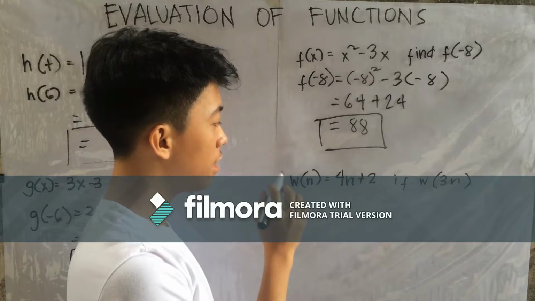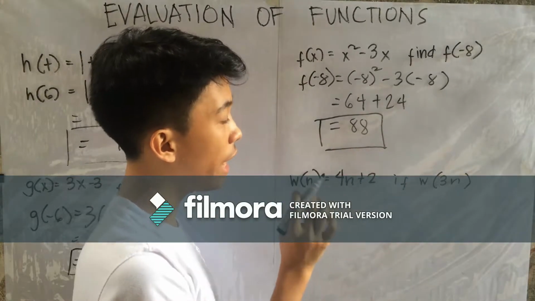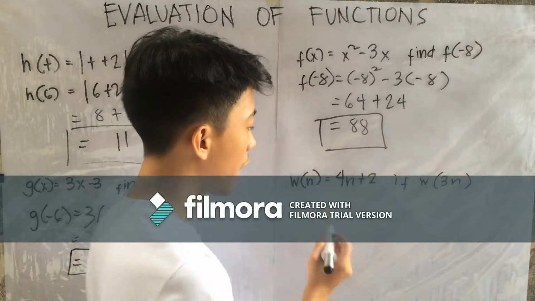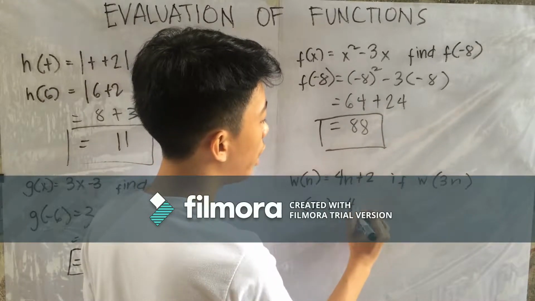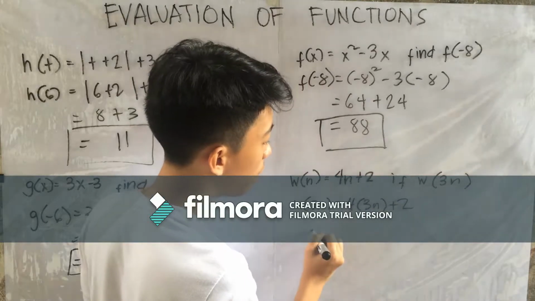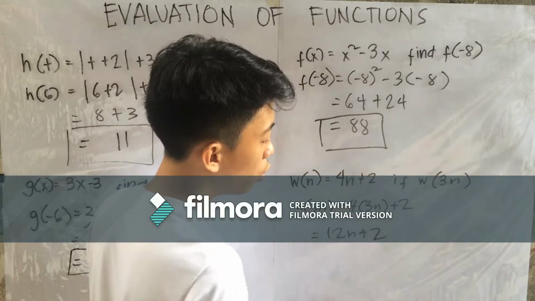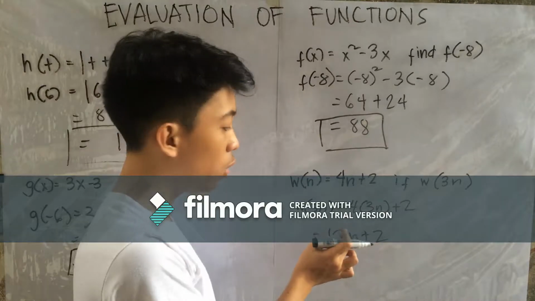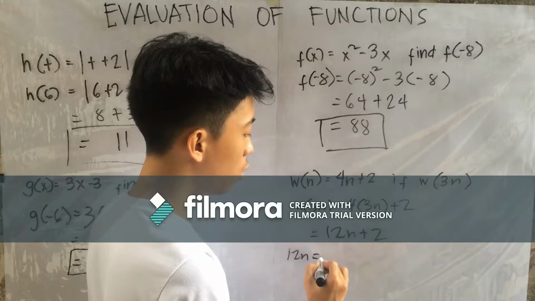So, next is W of n is equals to 4n plus 2 if W is 3n. So, substitute ulit natin. W of 3n is equals to 4 times 3n plus 2. Ang nangyayari dyan, magiging 12n plus 2. So, ang gagawin natin, para makuha yung n, transfer natin yung 12n dun sa kabila. So, 12n is equals to 2.